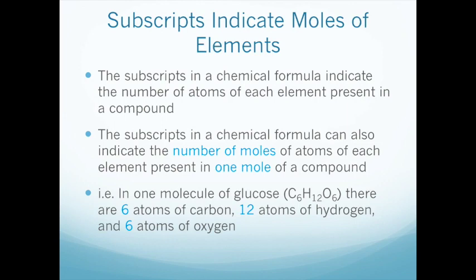So, for instance, the molecule glucose, C6H12O6, has 6 atoms of carbon, 12 atoms of hydrogen, and 6 atoms of oxygen, but also 1 mole of glucose has 6 moles of carbon, 12 moles of hydrogen, and 6 moles of oxygen.